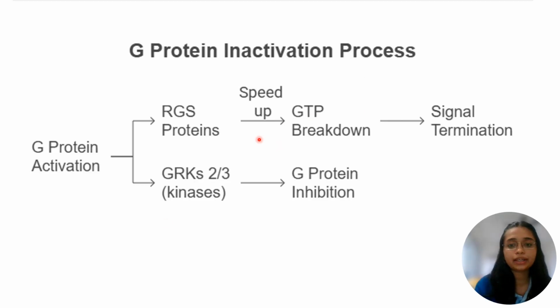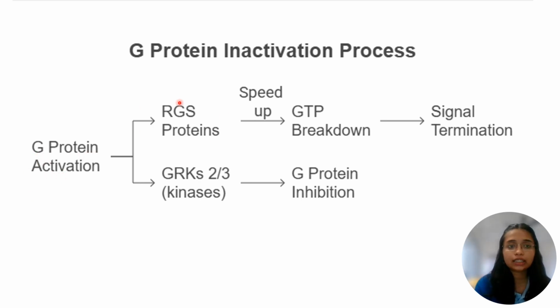Now the second mechanism for regulation of the GPCR related pathway is the G protein inactivation process. Here the RGS protein and GRK kinases help in inactivation of the G protein.